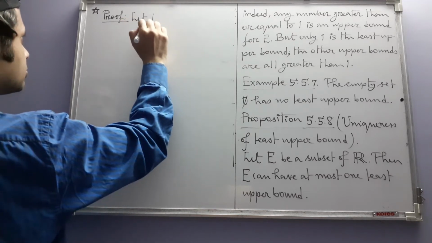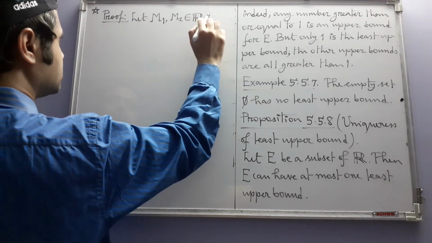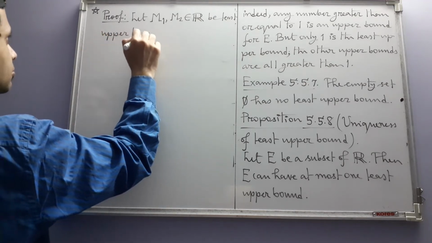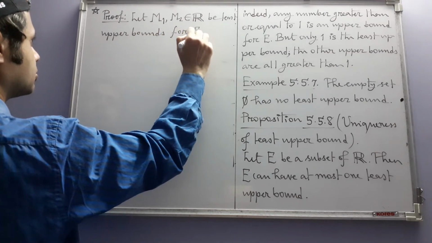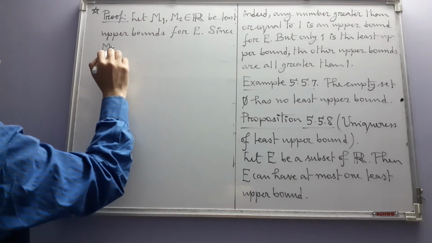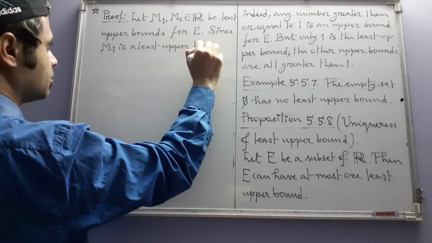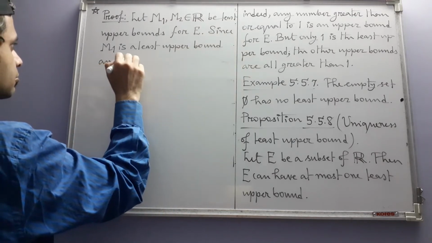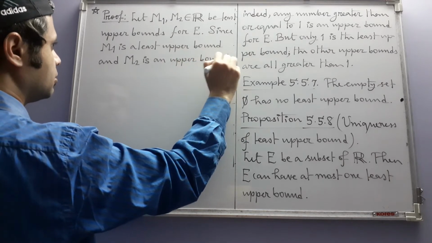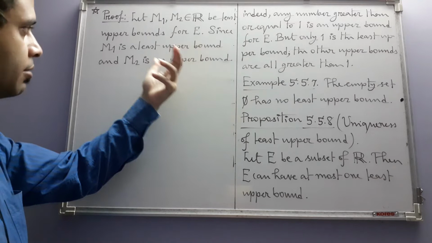Let M1 and M2 be two real numbers that are least upper bounds for E. Since M1 is a least upper bound and M2 is an upper bound, because M2 also is a least upper bound, and by the very definition M2 first of all is an upper bound.